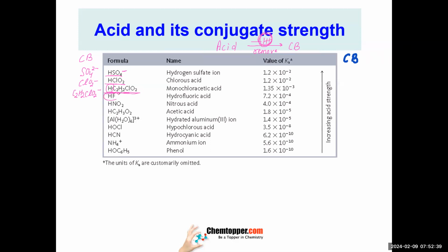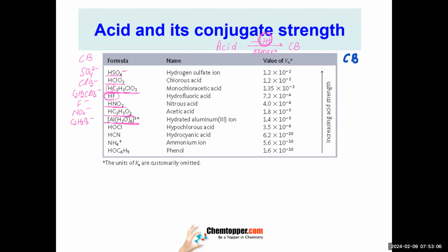What's the conjugate base? F minus. What's the conjugate base? NO2 minus. What's the conjugate base? C2H3O2 minus. And here, be careful. This question we did earlier also. This one.